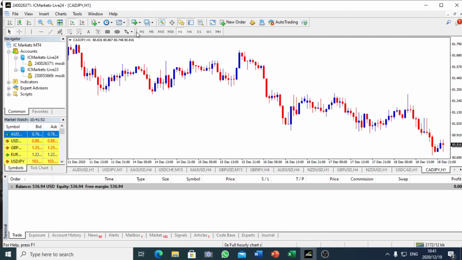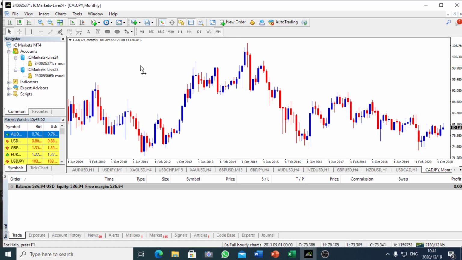Let's go to time frame. This area here. This is a time frame area. Let's say maybe you want to see a monthly. If I go to monthly, every candle here represents 1 month. What happened in that month?